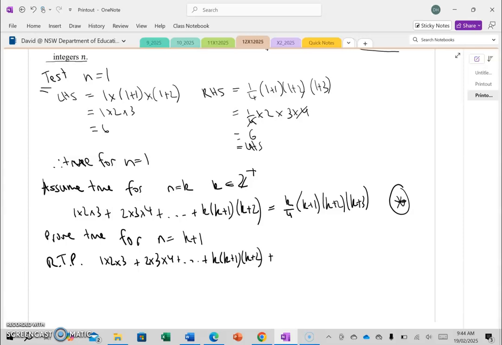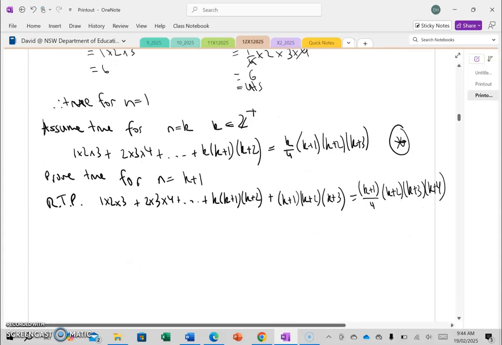There'll be one extra term when I get the k plus 1. That's going to change that k to k plus 1, that k plus 1 to k plus 2, and that k plus 2 to k plus 3. Equals. Now, this is just going to change all the k's to k plus 1, on 4. That'll be k plus 2, that'll be k plus 3, that'll be k plus 4.